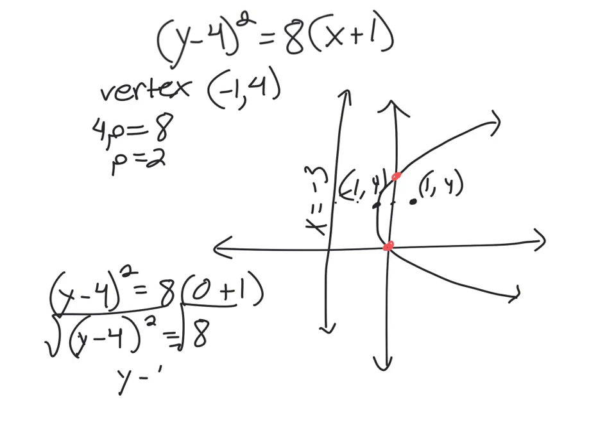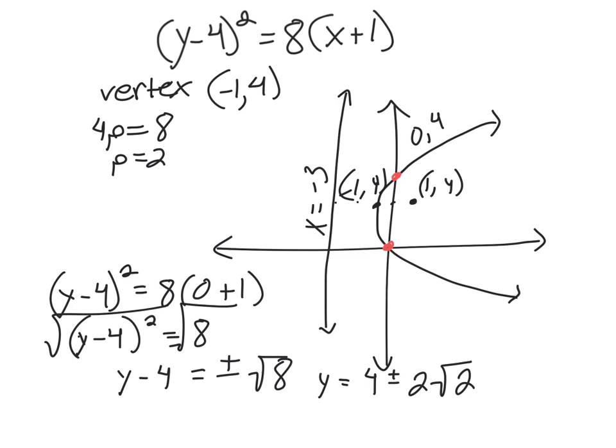Now I'm going to have y - 4 = ±√8. Or I could simplify that to y = 4 ± 2√2. So this one is going to be (0, 4 + 2√2). And this one down here is going to be (0, 4 - 2√2).